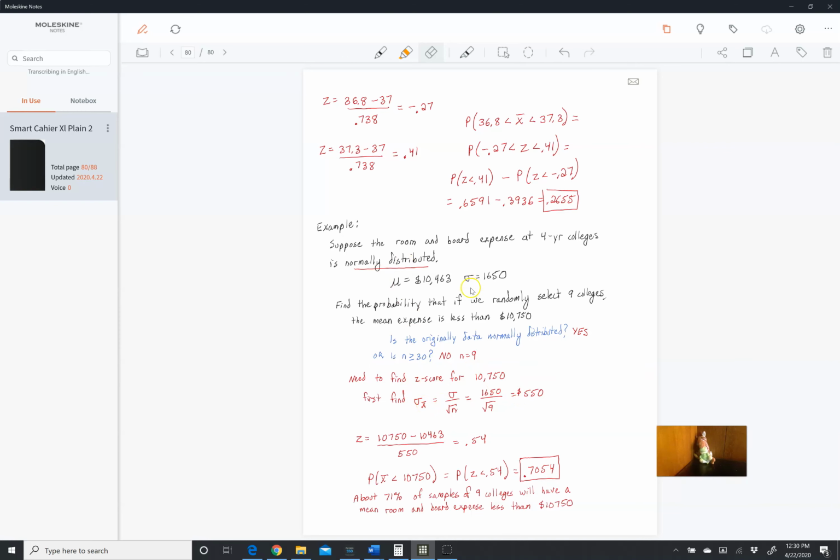But you're still given the mean, you're still given a standard deviation, you're still given a range or a number less than or a number greater than, and you're still finding Z-scores. It's just that your first step in finding the Z-score is calculating the sigma X bar. Okay, and of course you always have to do this checklist.